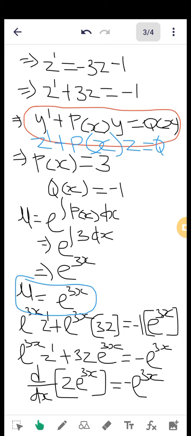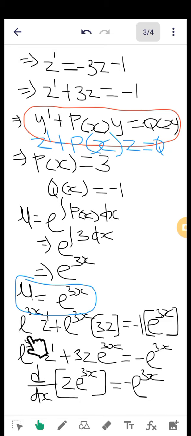The whole of this can be written as this, because when we hold z constant and differentiate e to the 3x, we get 3 e to the 3x times z. At the same time, when we hold e to the 3x constant and differentiate z, we get z prime.